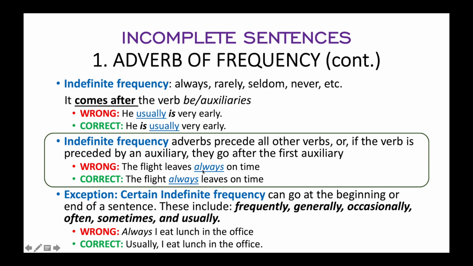Always should be before the verb or after the auxiliaries. Meanwhile, for this list of words, they could be put at the beginning or at the end. Okay, got it, everyone? If you understand, let's move on to the next part.